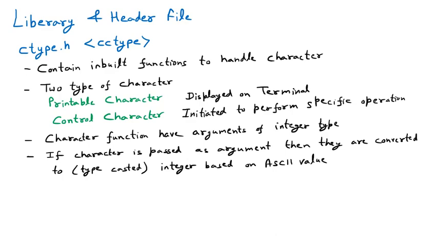Meaning, if you use any function which is part of the ctype header file, that function will take an integer type of argument. But if by mistake you pass a character argument, it will automatically be converted to integer based on its ASCII value.